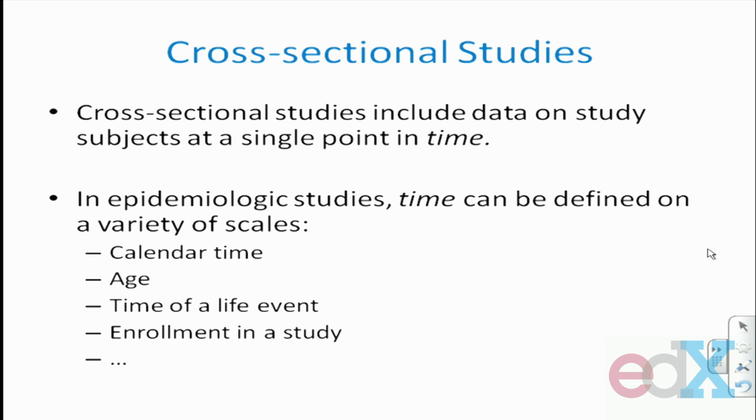So the day they signed the consent form to enter the study, I can look cross-sectionally at that point in time. And in this case, once again, my time scale is the date of enrollment in the study, and taking into account the fact that that might occur over a broad range of calendar time or a broad range of age. So when we think about epidemiologic studies, not only cross-sectional studies but longitudinal studies, we always have to think about what time scale we're considering in evaluating the data.